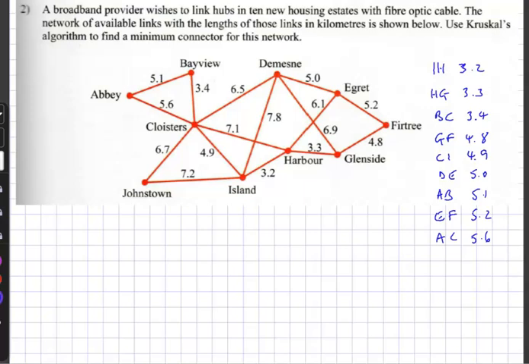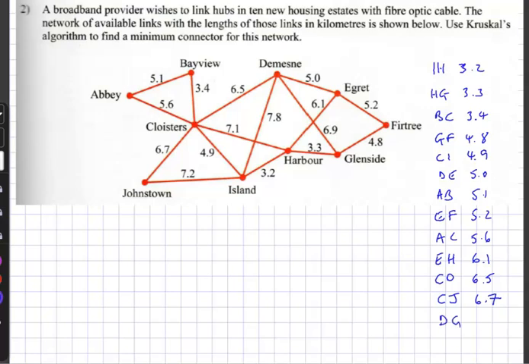There are none. Going to the 6s, then I've got Egret to Harbour, which is 6.1. I've got Cloisters to Domain, which is 6.5. Cloisters to Johnstown, which is 6.7.